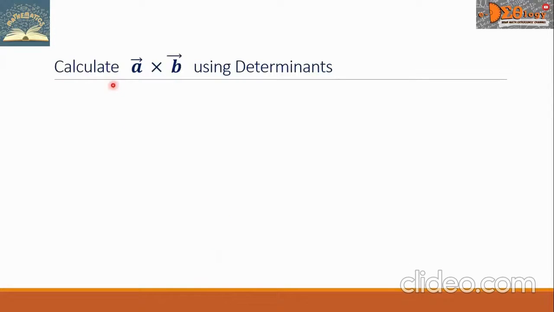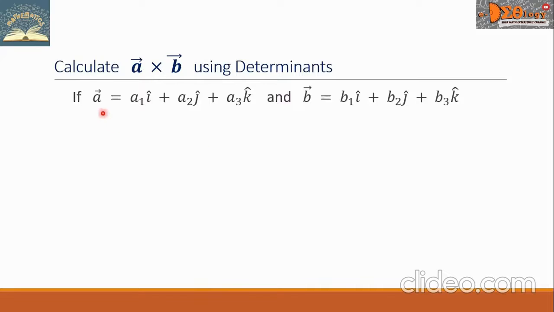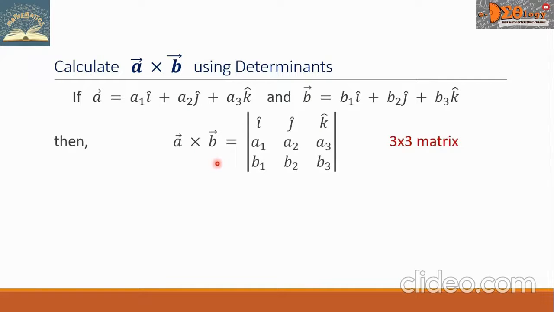Now, let us calculate vector A times vector B using determinants. If vector A equals a sub 1 i plus a sub 2 j plus a sub 3 k, and vector B equals b sub 1 i plus b sub 2 j plus b sub 3 k, then for vector A times vector B we will get a 3 by 3 matrix.